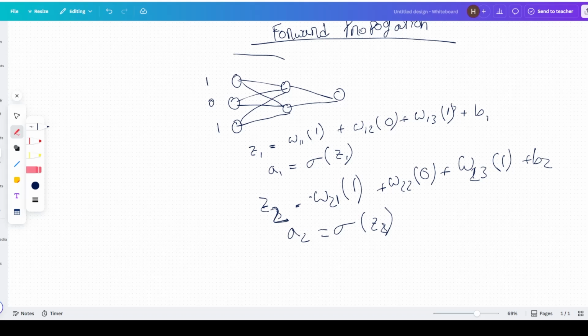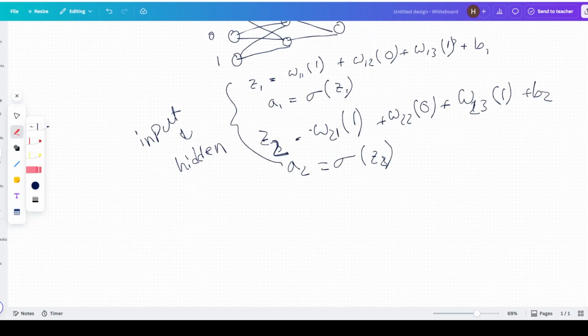That was for our input to hidden, and now we're going to write the hidden to output.